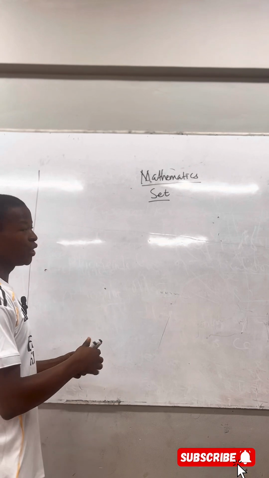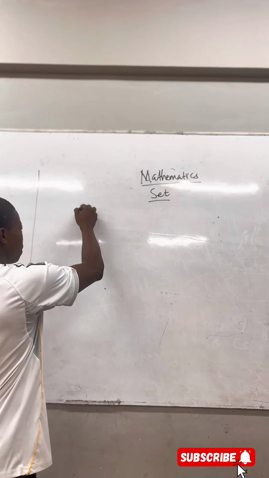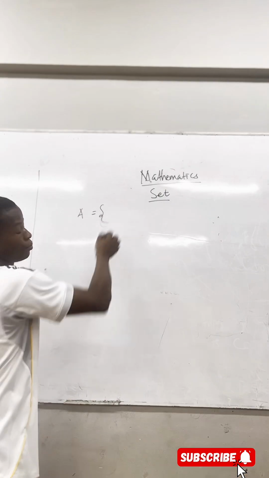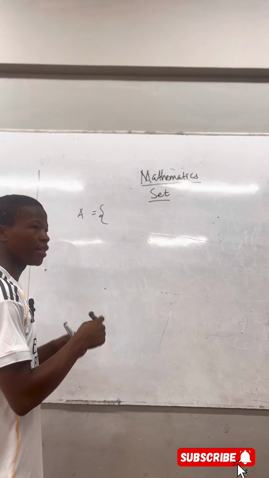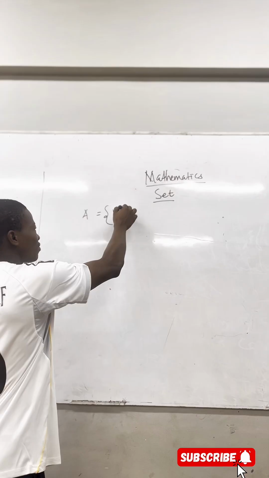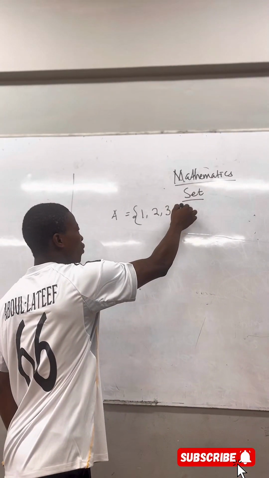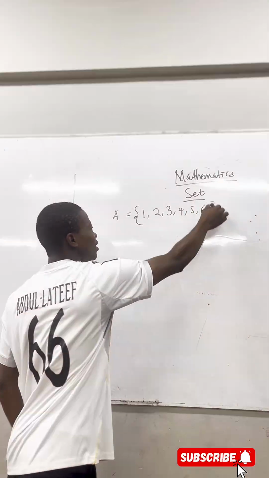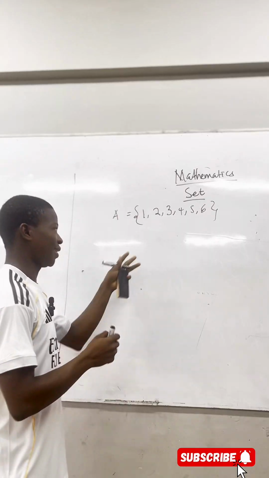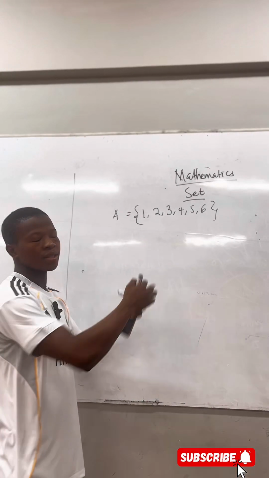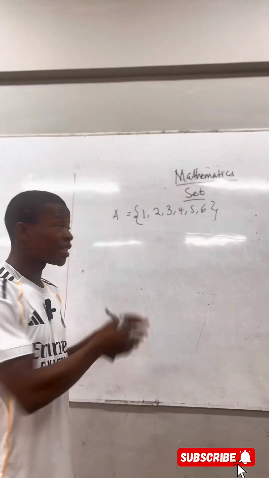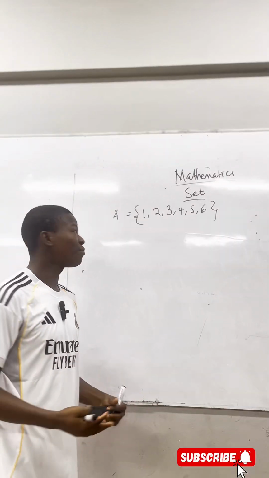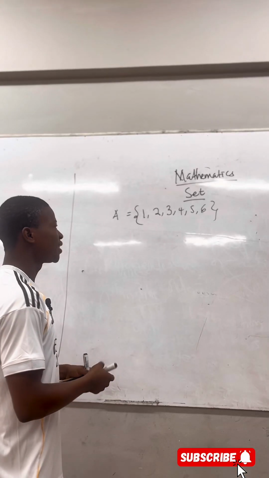If we have A equal to, this is our curly bracket open, 1, 2, 3, 4, 5, 6. This one we can call a set because it's a collection of counting numbers. You can also proceed.